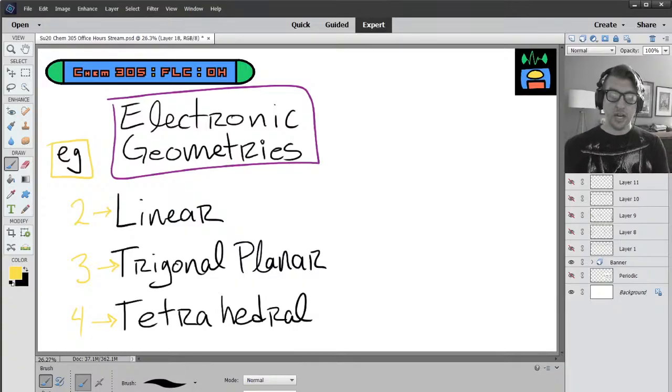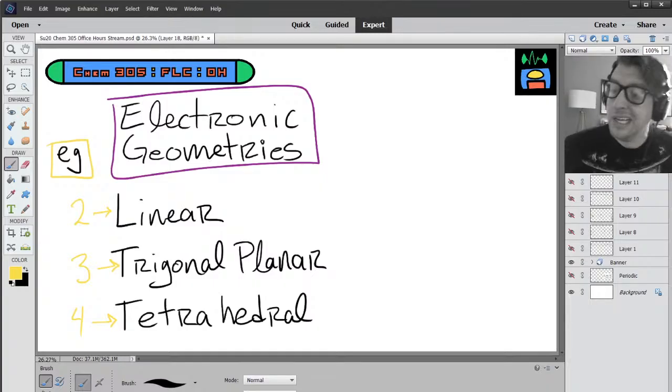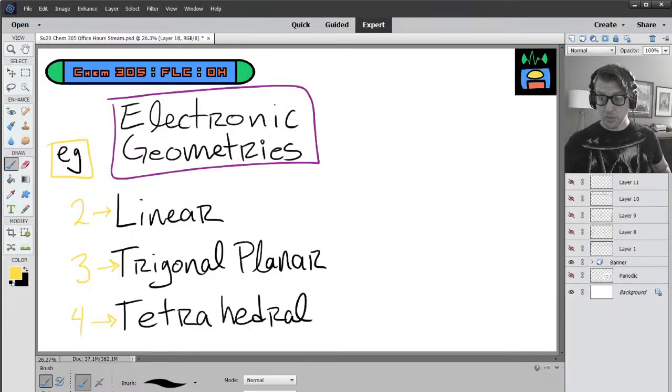Now, electronic geometry looks at all of the electron groups. The molecular geometry is slightly different, all right? There are 6 molecular geometries you need to know. And your molecular geometry is determined by your electronic geometry together with the number of lone pairs in your molecule, all right?